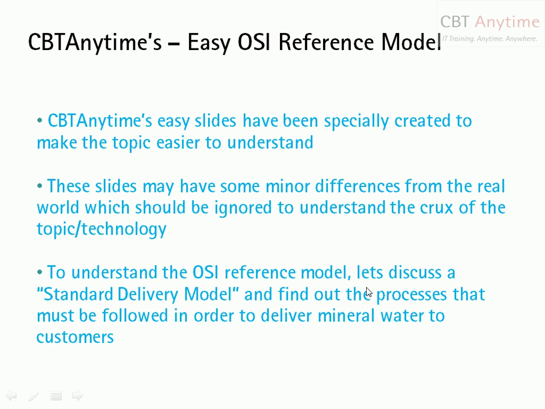And over here, while we are explaining the OSI reference model, we want to discuss a standard delivery model. So what I want to talk about over here is that these videos have been created in Australia, and there is this company known as Mount Franklin. Now, Mount Franklin make mineral water.